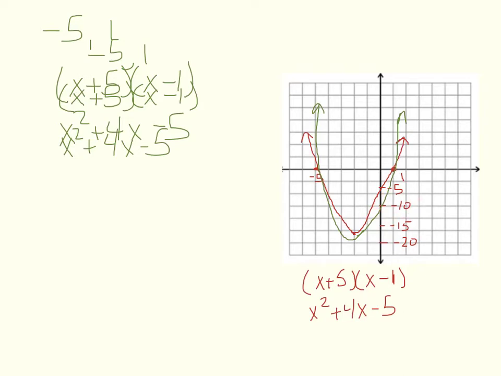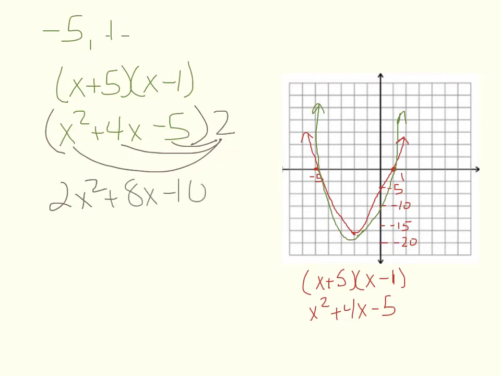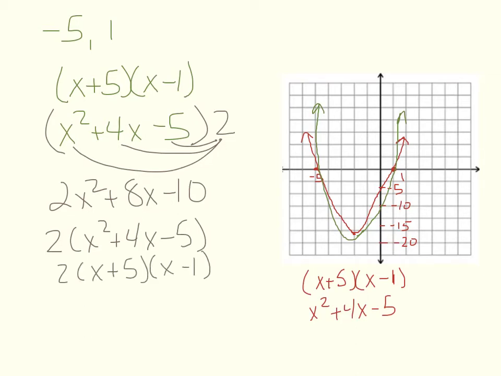What we're going to do is multiply this entire equation by 2. We can distribute, so we'll get 2x squared plus 8x minus 10. Now it's really clear, hey, the y-intercept is right. And if we look at this whole sequence of events backwards, we undistribute the 2, we factor, and we get our roots being -5 and 1.